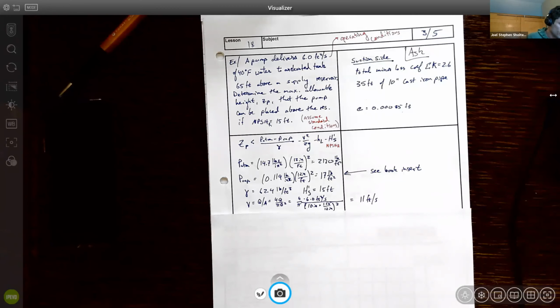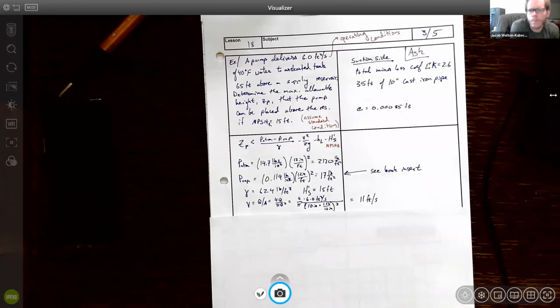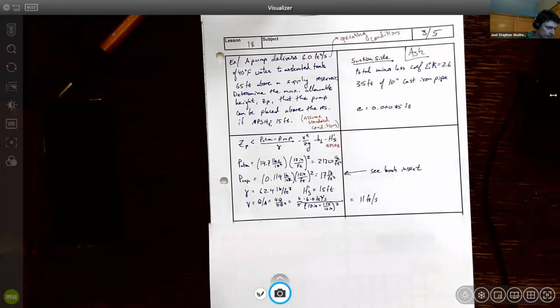We can calculate our velocity, just Q divided by A, which ends up being 11 feet per second. So we're calculating all these terms.